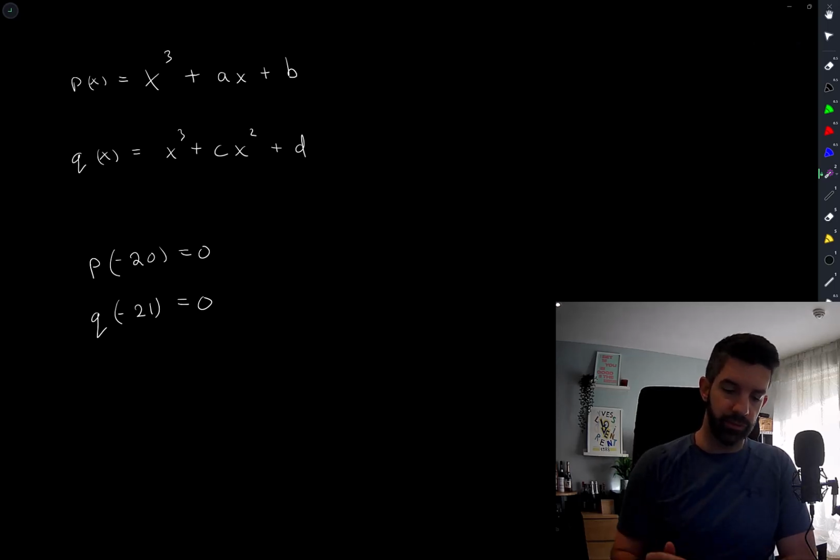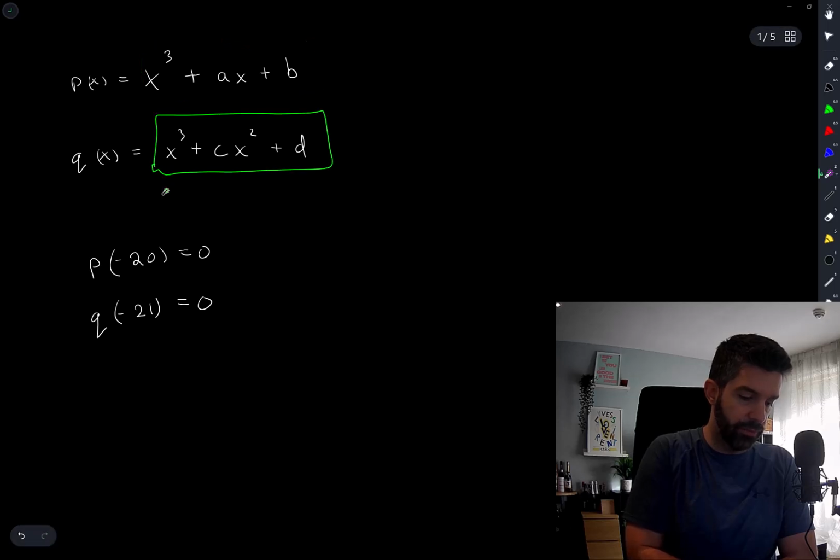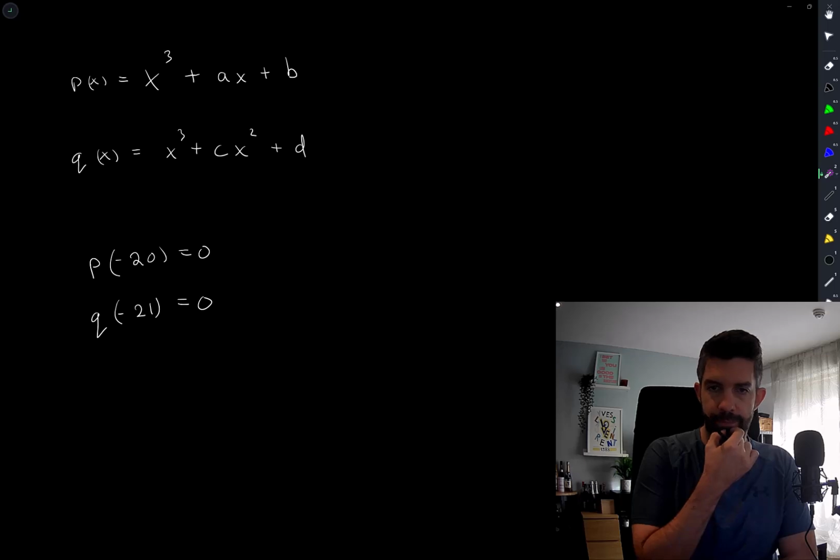Instead, what I'm thinking is, given that we have a root of each of these, I should try and factor this polynomial. I know that x plus 20 will factor out of this, and x plus 21 will factor out of this. And so I should be left with quadratic polynomials that share a complex root.